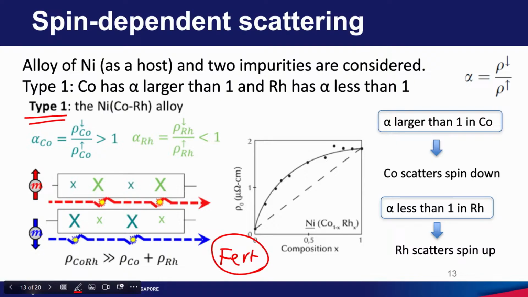Type 1 is an alloy of nickel, for example nickel cobalt to start with, and they will slowly remove the cobalt concentration.